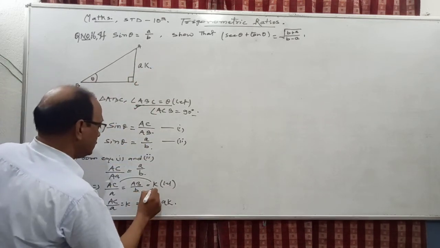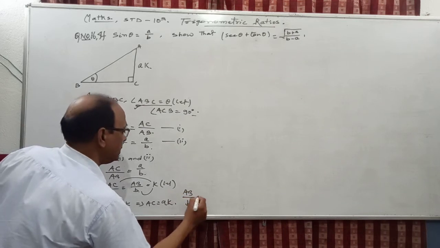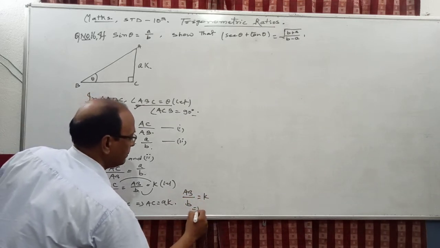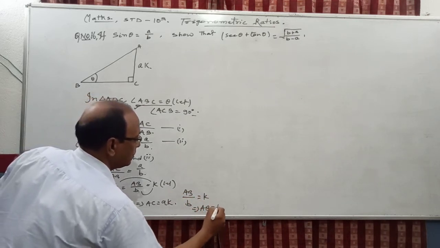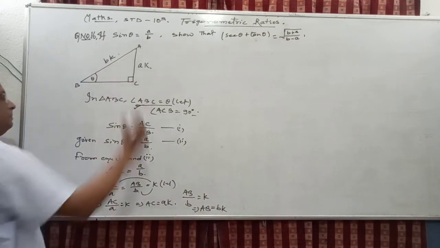And also AB upon B is equal to K. It will give us AB is equal to BK.